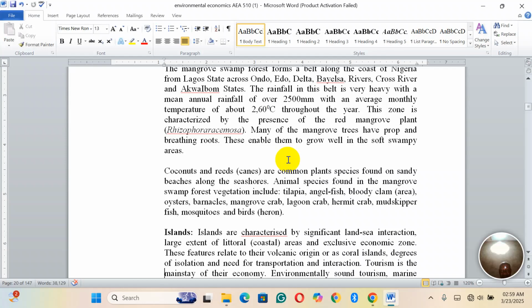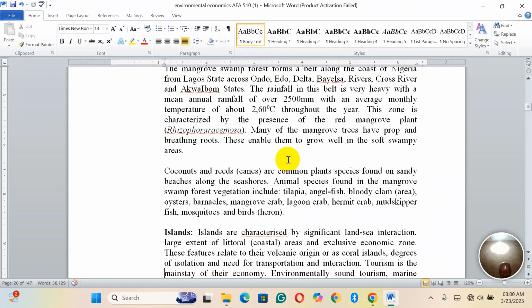Animal species are found in the mangrove swamp forest, including the tilapia, the angelfish, the bloody clam, oyster and barnacles, mangrove crab, lagoon crab, hermit crab, mudskipper fish and mosquitoes, and also birds, which is the heron.